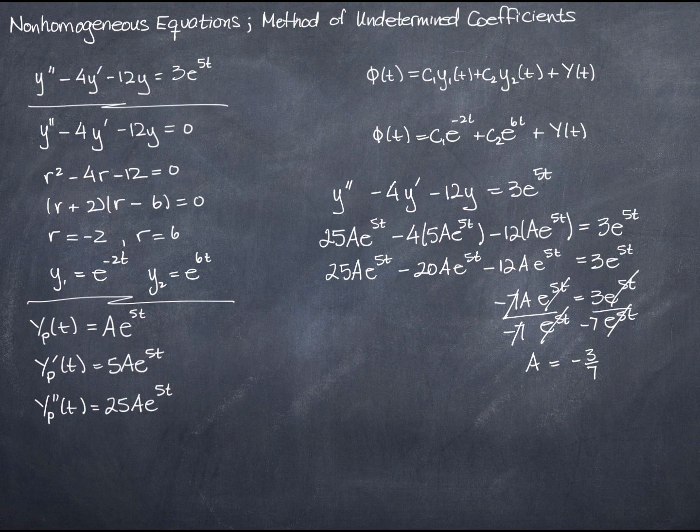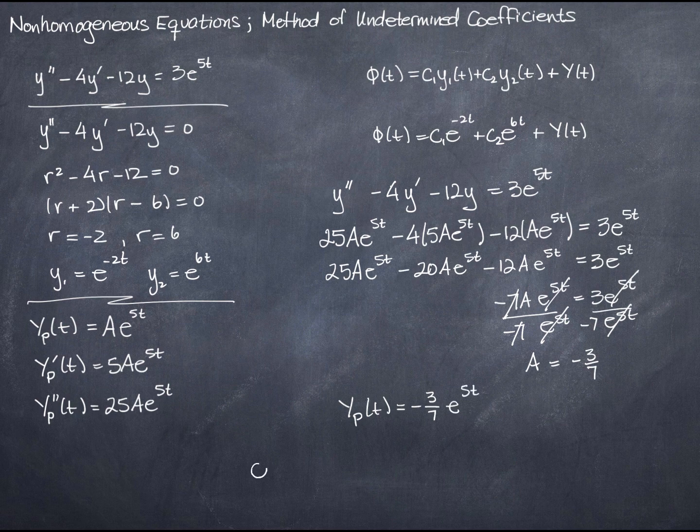This y sub p, this particular solution, a e to the 5t, will satisfy this equation as long as a has the value -3/7. So this particular solution that I was asked to find is y sub p, the particular solution, equals -3/7 e to the 5t.